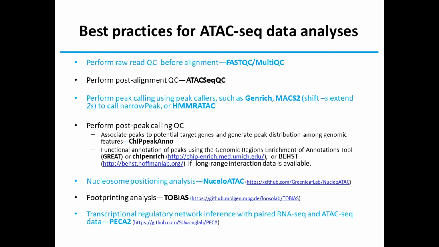There is a tool called GREAT, the Genomic Regions Enrichment of Annotations Tool, or ChIPenrich, which can be used to annotate the peaks. In last year's bioRxiv, there's a tool called BEHST, which can integrate long-range interaction data to associate a distal cis-regulatory element like an enhancer to a target gene.